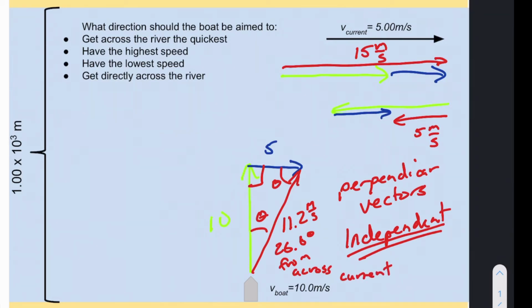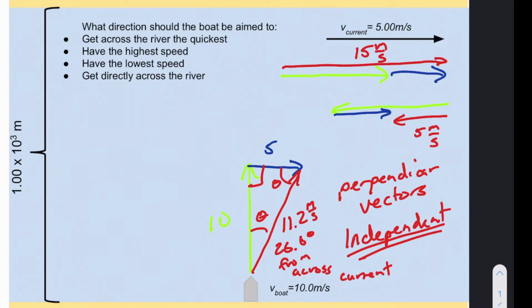In one-dimensional motion, we can use positive and negative. In two-dimensional motion, we have to use angles and refer to what that angle is measured from. So you could say 26.6 degrees from directly across the current. You could also take that and subtract it from 90 degrees and use 63.4 degrees from the shoreline if you wanted to.